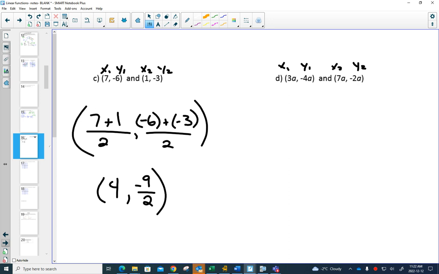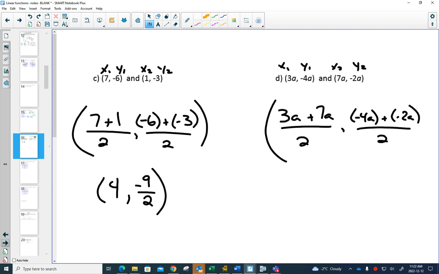And now we got a variable in there, but it doesn't change the process. (10a) divided by 2 will just be 5a. Negative 6a divided by 2, negative 3.